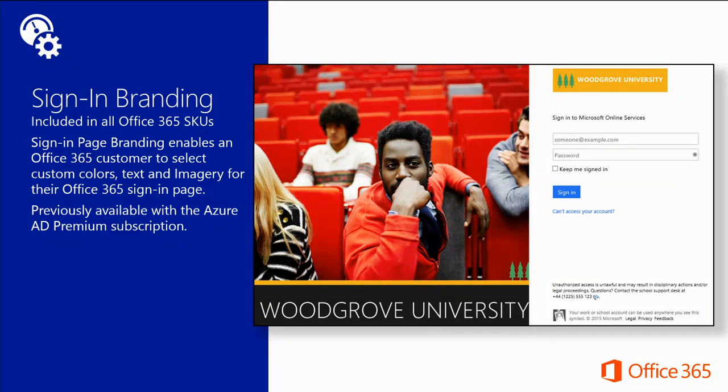With this, we're able to bring in custom colors, text, imagery, and customize that for your users. So that's a good thing. That's available now for all Office 365 SKUs, which is good. Question?